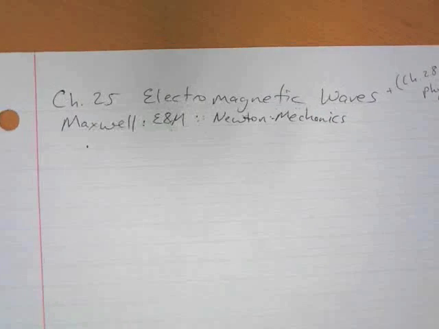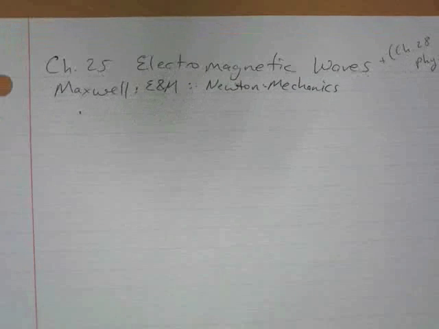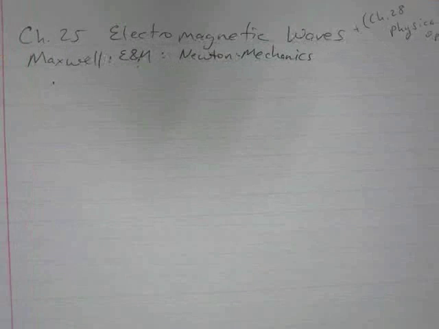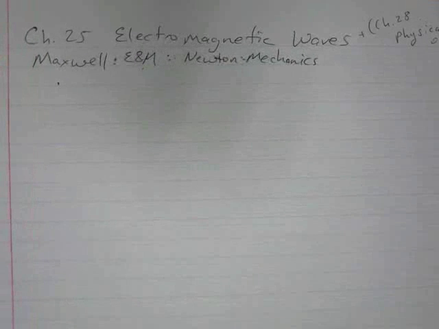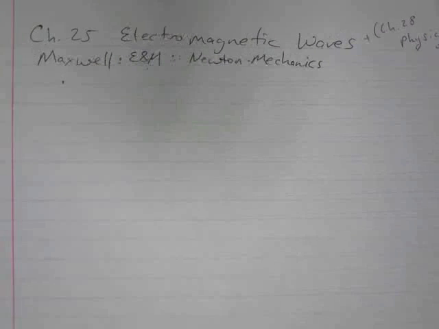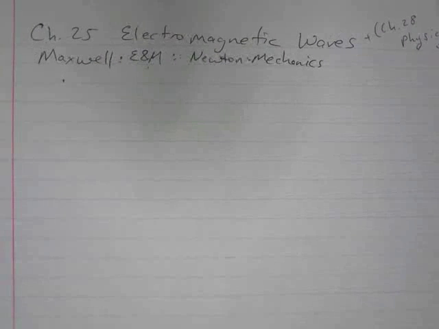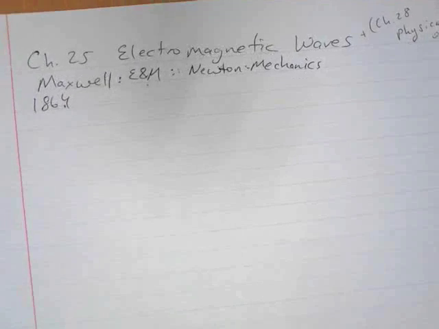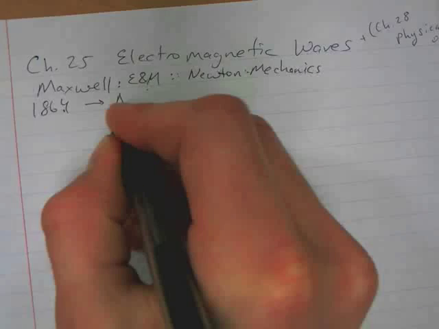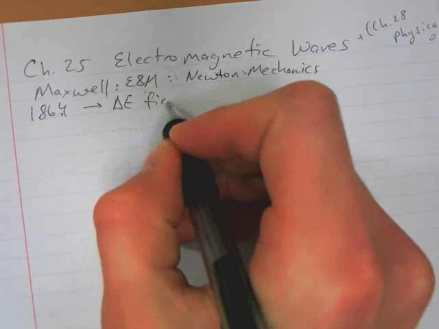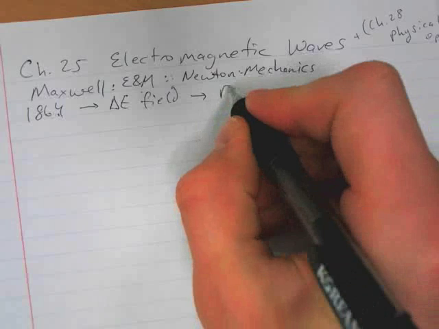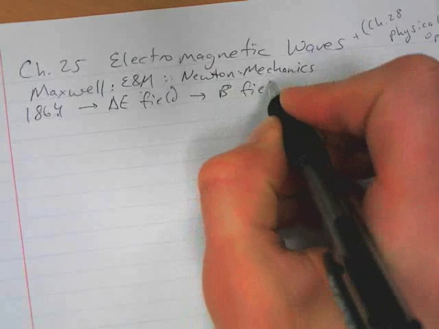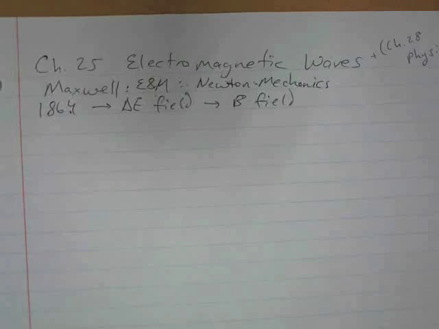Maxwell was like the guy of electricity and magnetism, and he discovered a lot of stuff, and he has a set of equations, called Maxwell's equations because he came up with them, that describe how electric and magnetic fields behave. In 1864, Maxwell said that a changing electric field ought to cause a magnetic field, because they already knew that a changing magnetic field caused an electric field.